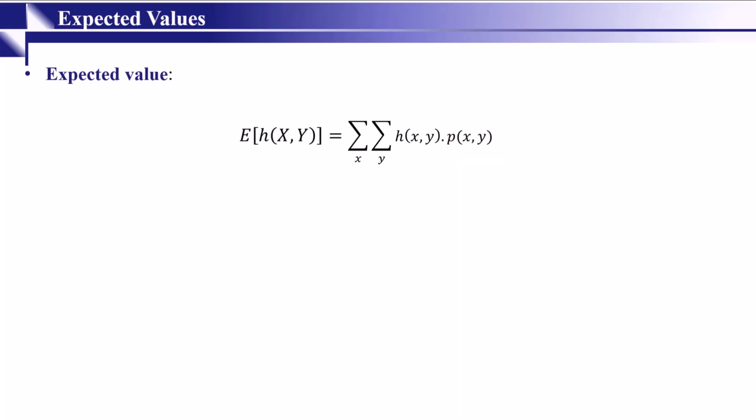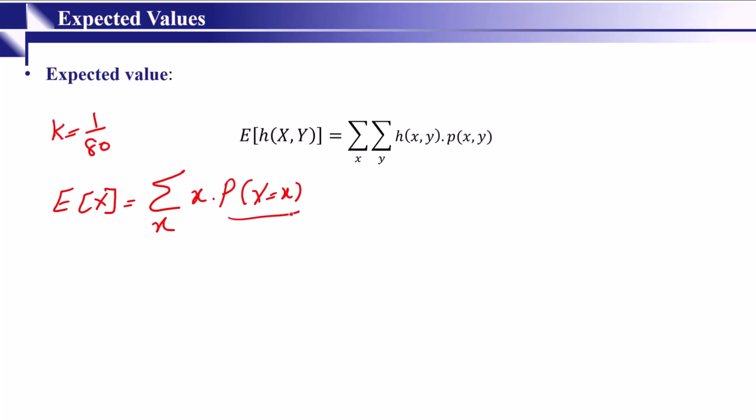So now I'm going to calculate E of X and E of Y based on our example. We found that k is 1 by 80, and E of X here is the expected value of X, which is equal to the sum over x of x multiplied by the probability of X equal to x, right? So this is the marginal probability of x. So we're going to calculate marginal probabilities.